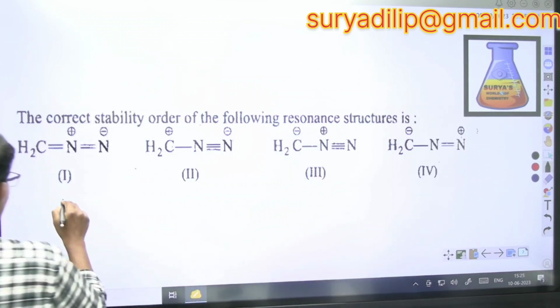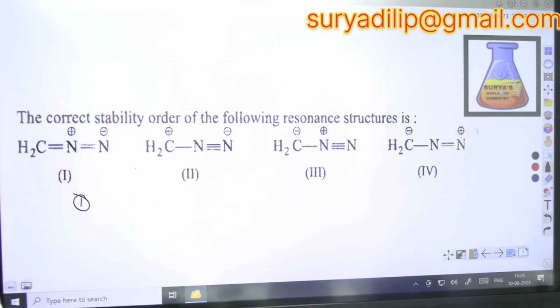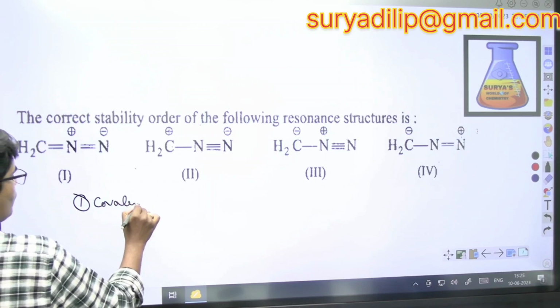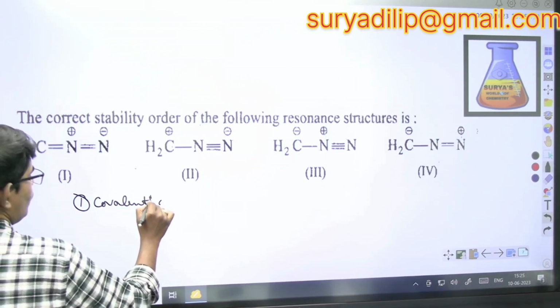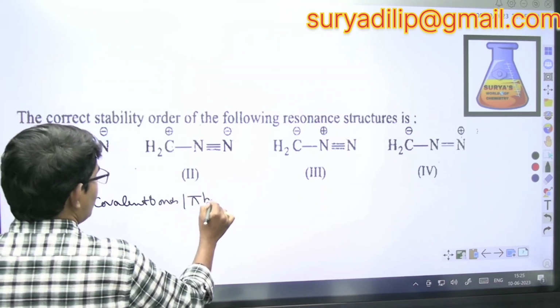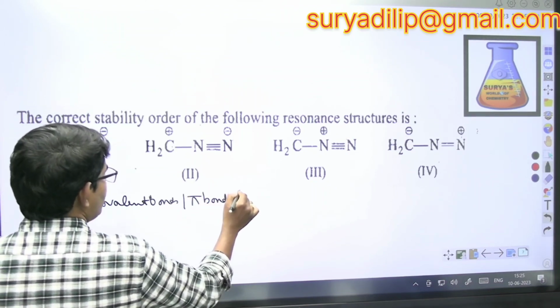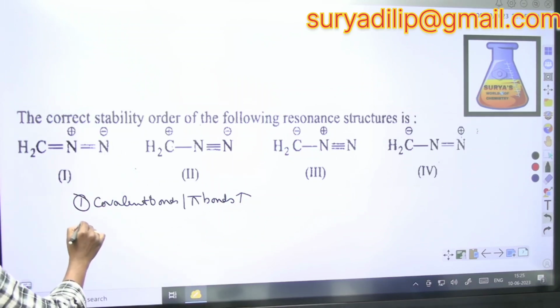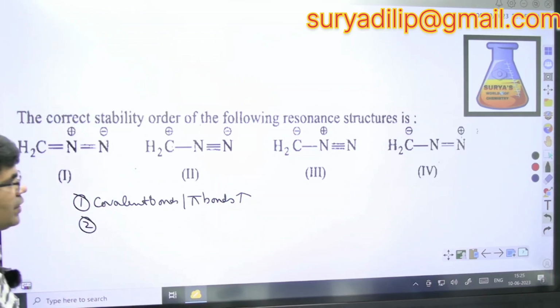So the first thing is that you have to check the number of covalent bonds or pi bonds. Greater the number of covalent bonds or greater the number of pi bonds, greater will be the stability. What is the second one?